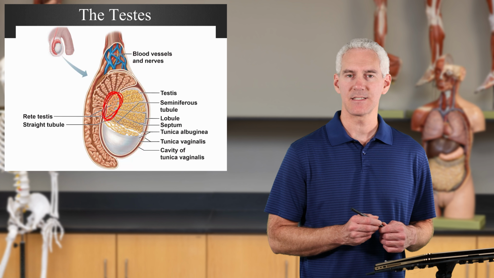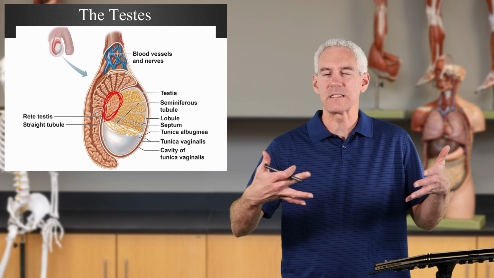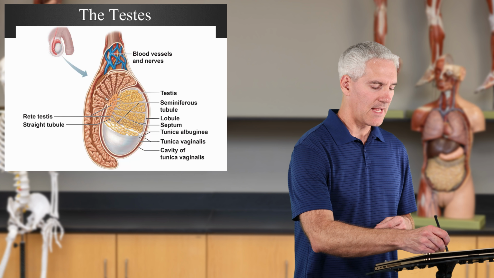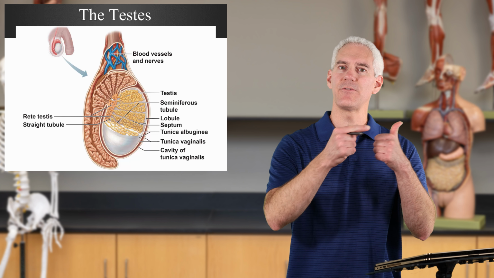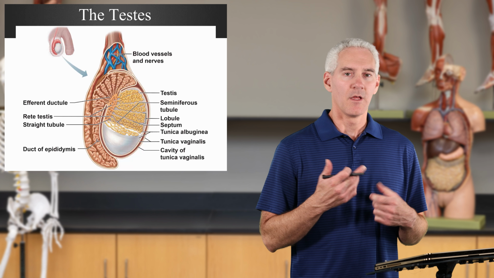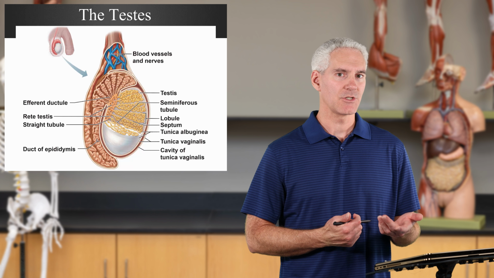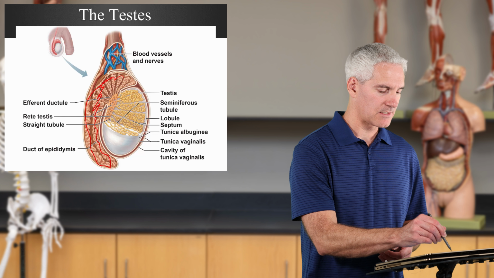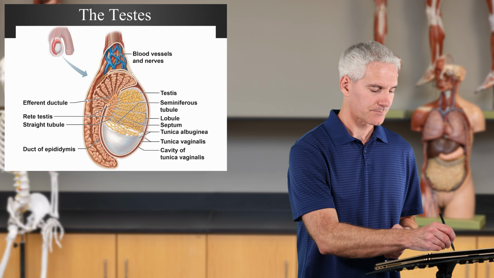Now the rete testis is just where all these seminiferous tubules feed into. It's kind of like a collection point. It's the junction just before you go into the epididymis. So you're going into the efferent ductule, into the ducts of the epididymis. So all of these are all ducts of the epididymis.